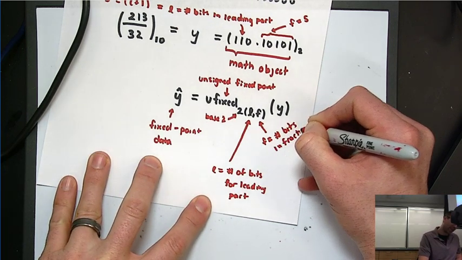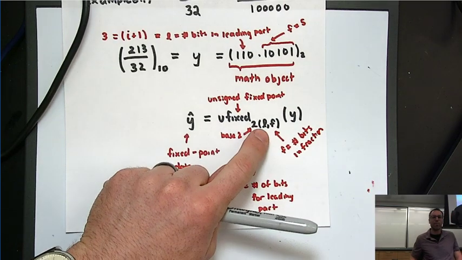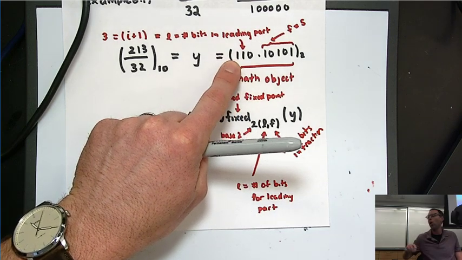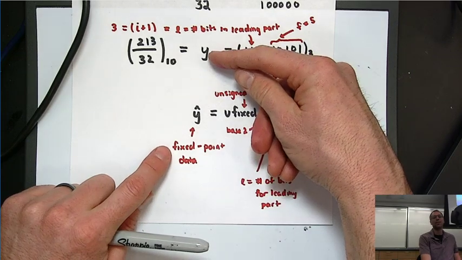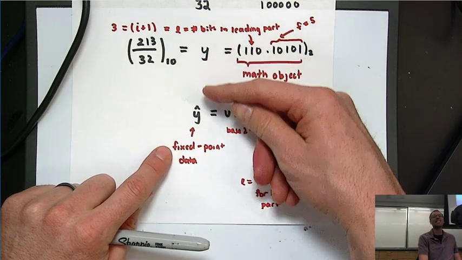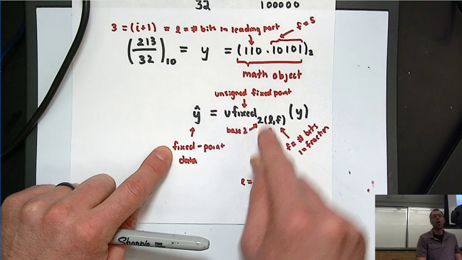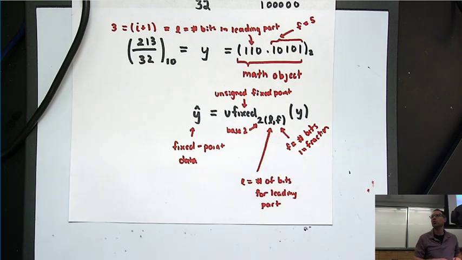Let me ask you this. If I were to determine an F and an L to encode this exactly, what would those values have to be? If I wanted to encode this data in math world exactly in MATLAB world, what value of L would I need to choose and what value of F would I need to choose?